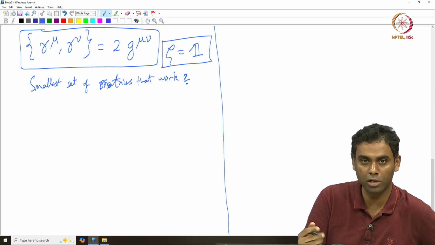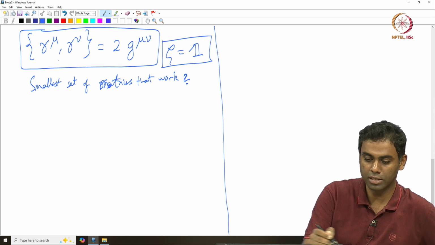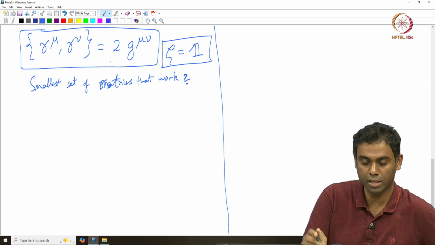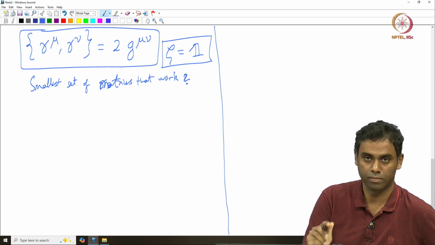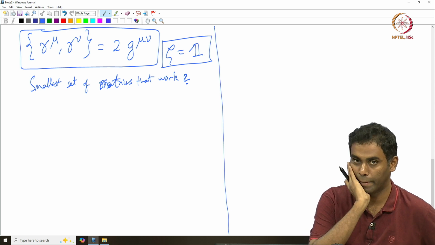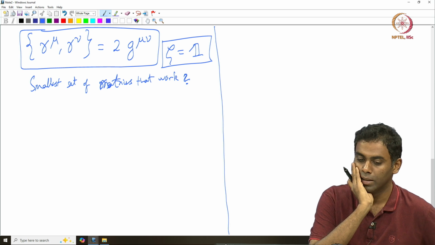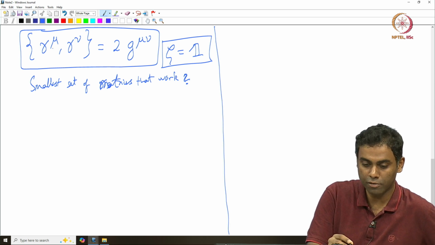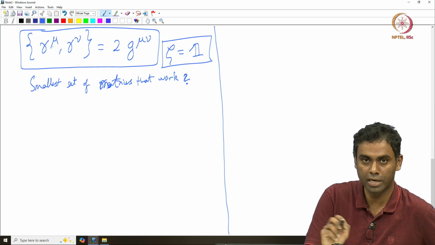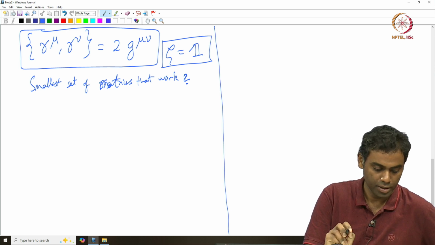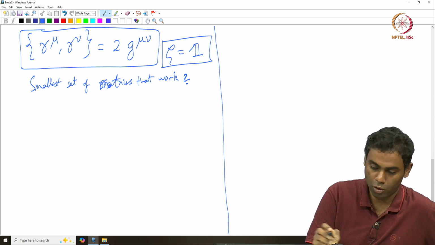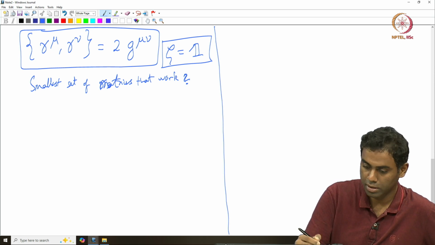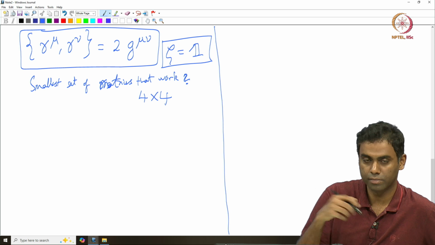You might imagine the Pauli matrices come into the picture and see if all these conditions can be satisfied. You will find that it does not work that way. After all, this is all tied up with the fact that we are working in 4 dimensions, 1 plus 3 dimensions. So all of these come together and you see that the smallest set that works is 4 by 4.